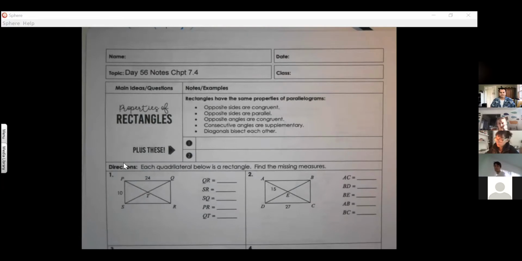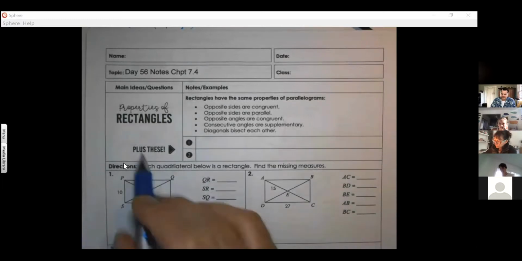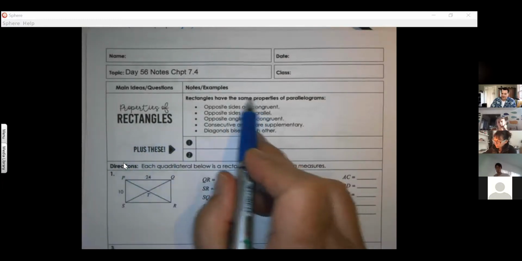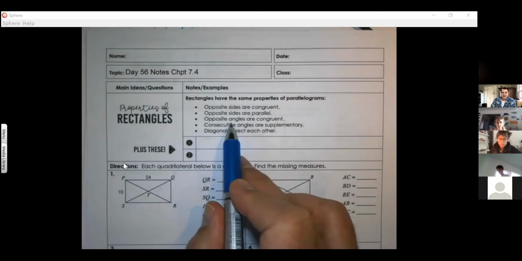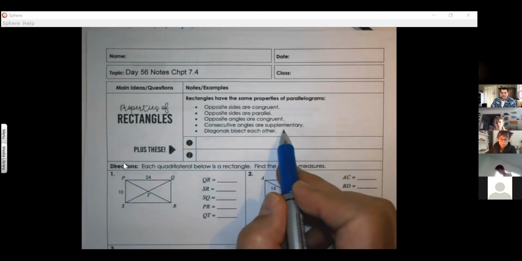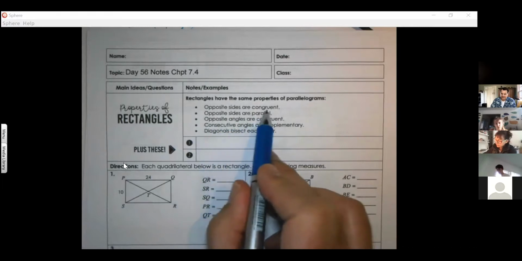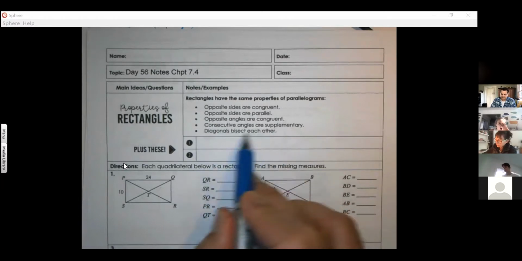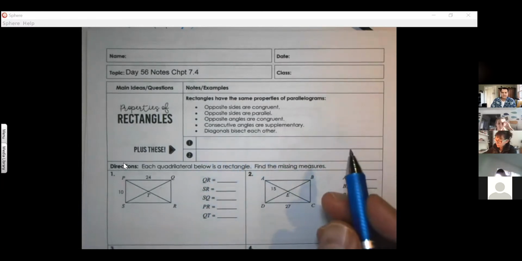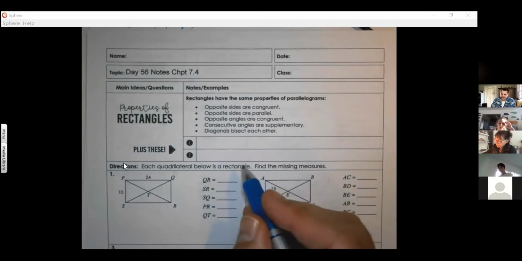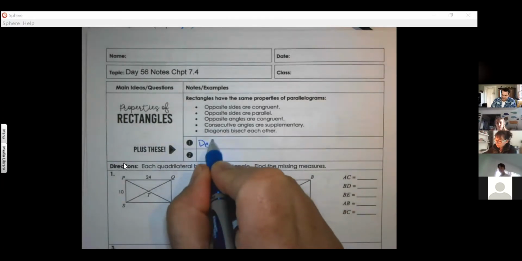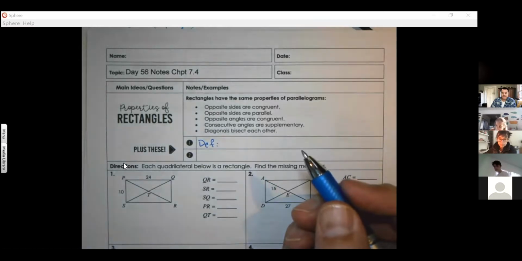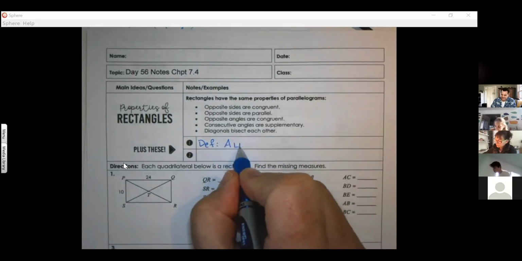All right, so that leads us to the notes for today. What we're talking about with rectangles is that because they're part of the parallelogram family, they contain all the attributes of a parallelogram. Opposite sides are congruent, opposite sides are parallel, opposite angles are congruent, consecutive angles are supplementary, and diagonals bisect each other. But because it's a rectangle, we've got a new definition component, which is that it's got all four right angles.